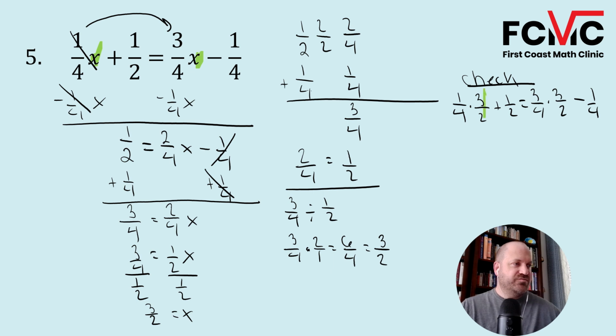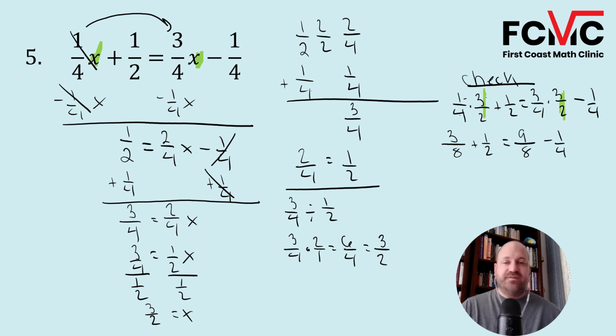I'm substituting 3 over 2 and 3 over 2. Now let's multiply straight across. 1 times 3 is 3. 4 times 2 is 8 plus 1/2. 3 times 3 is 9. 4 times 2 is 8 minus 1/4.